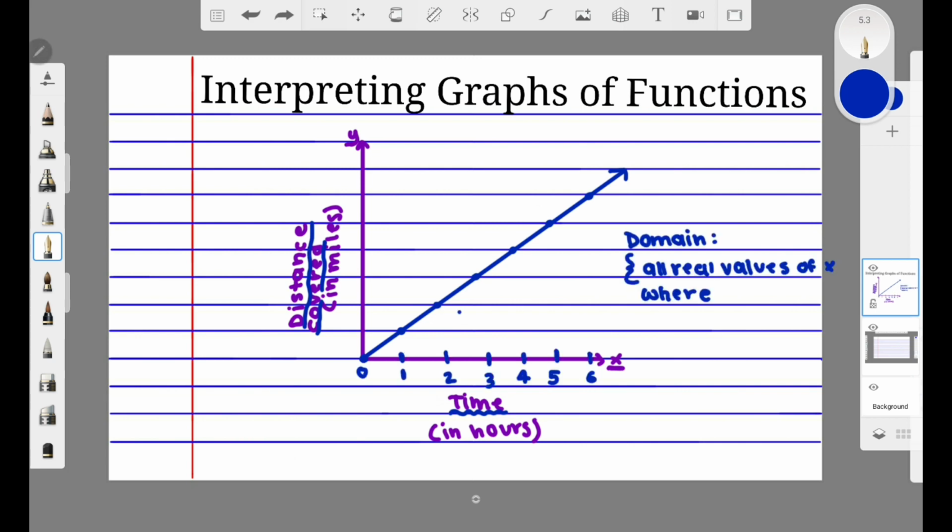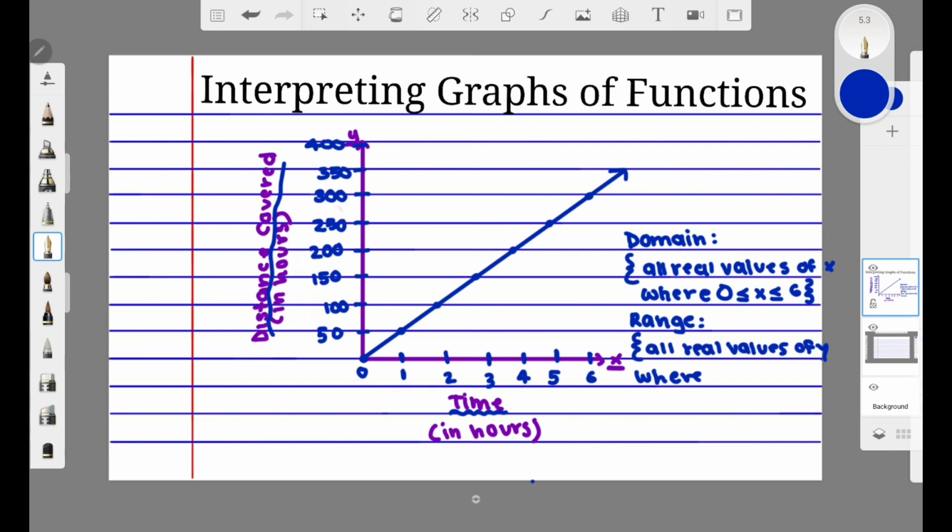When we're given the specific values on the x-axis, we can also write an inequality for the domain of the function. So the domain would be all real values of x, where x is greater than or equal to 0, and less than or equal to 6, our largest value here.